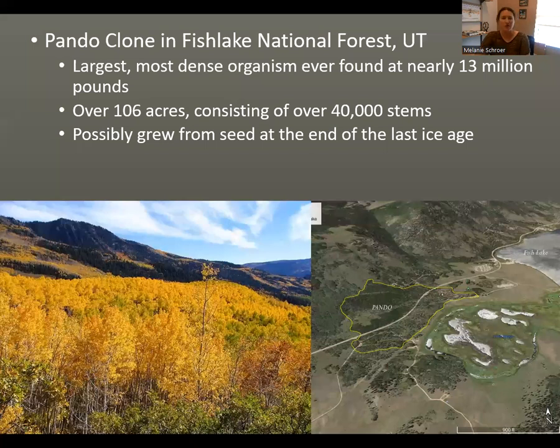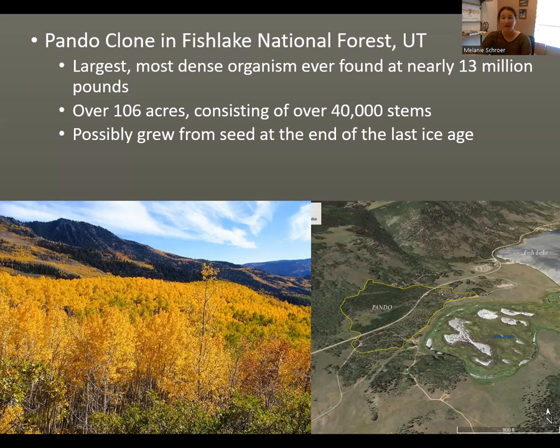Kind of the most extreme example of so many different ramets in one individual, one genetically unique entity, is the Pando clone, which is in Utah. If you consider one root system, one genome to be an individual, this is in fact the largest, most dense organism ever found in human history.